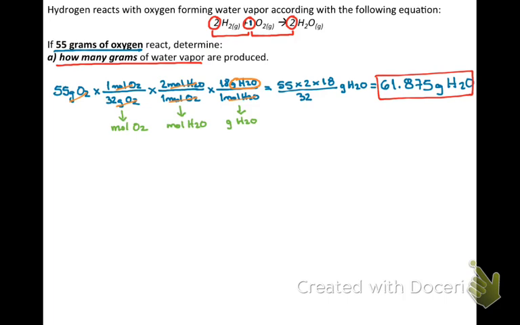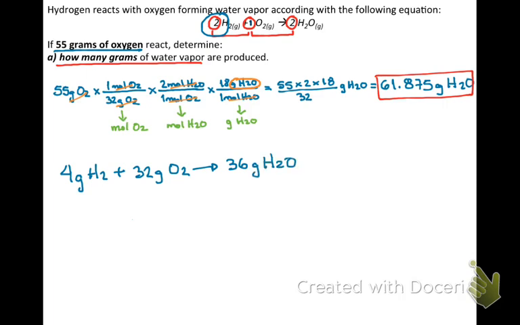So we have 2 moles of hydrogen. The molar mass for hydrogen is 2 grams per mole. So I have 4 grams of hydrogen will react with 32 grams of oxygen, that is 1 mole, to produce 2 times 18, 36 grams of H2O.